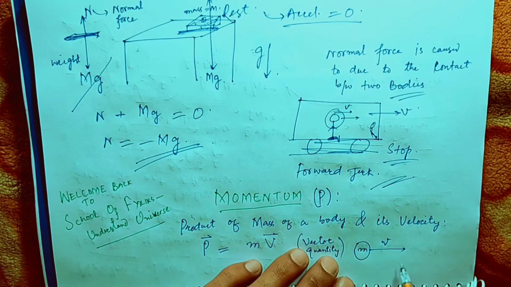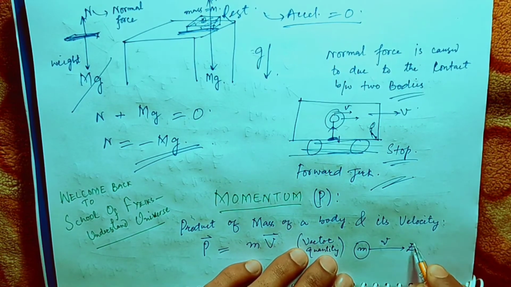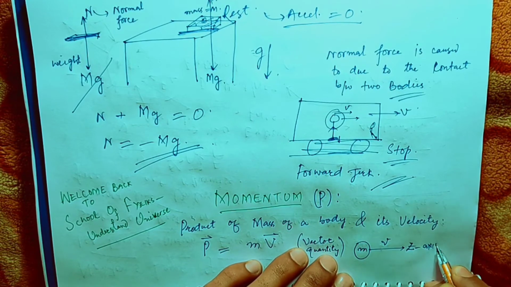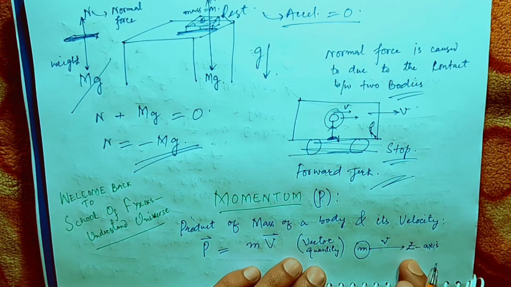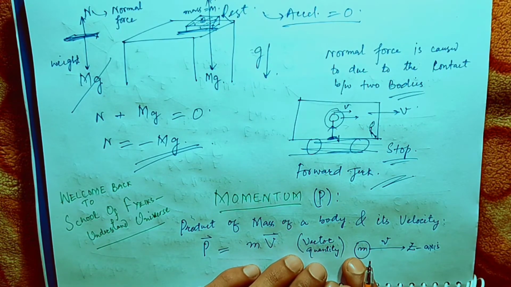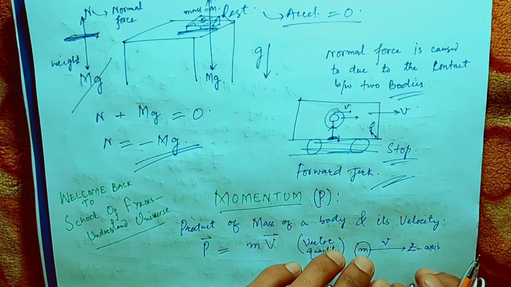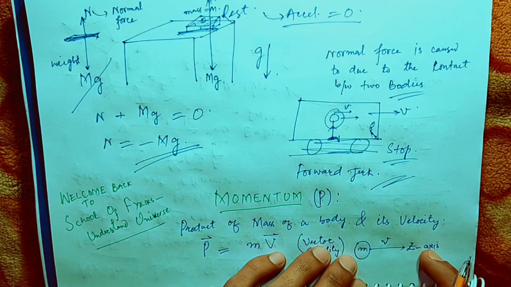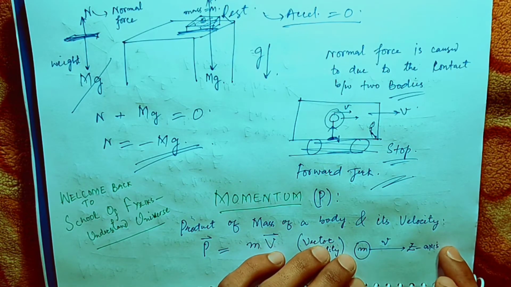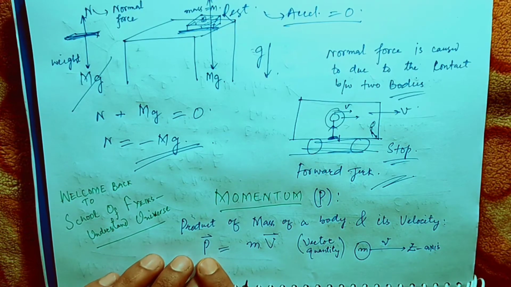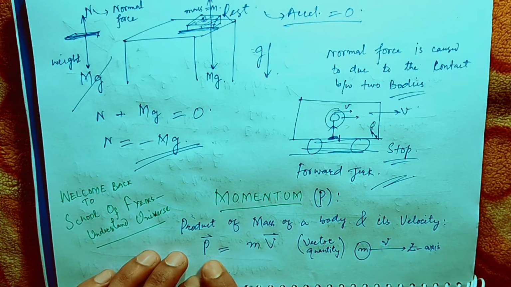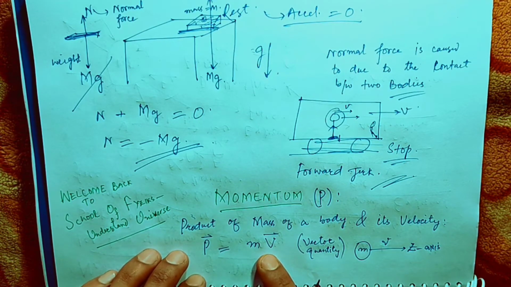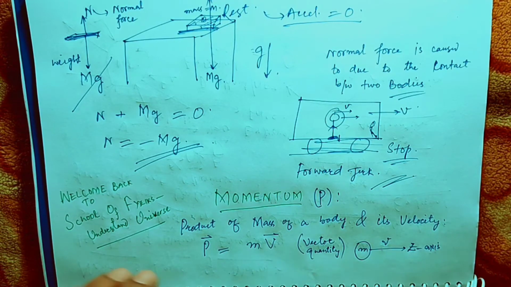For example, in this case, suppose this is the z axis, and all the components of velocity are along the z axis. So the direction of the velocity is z. Similarly, the direction of momentum P will also be that of the velocity, the z direction.